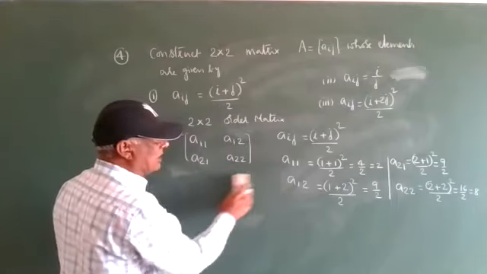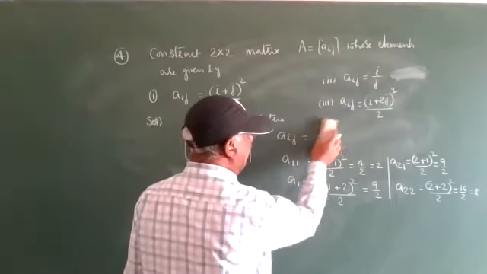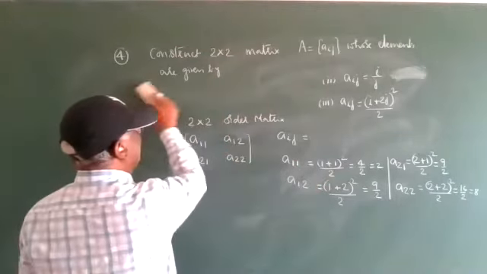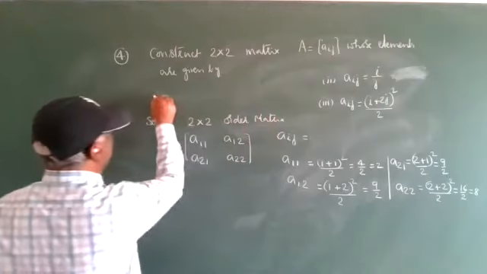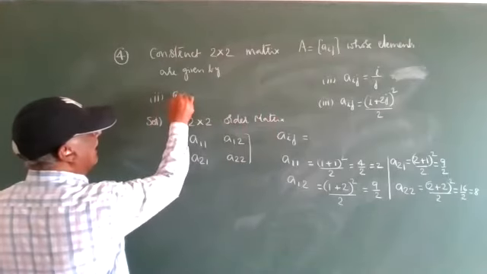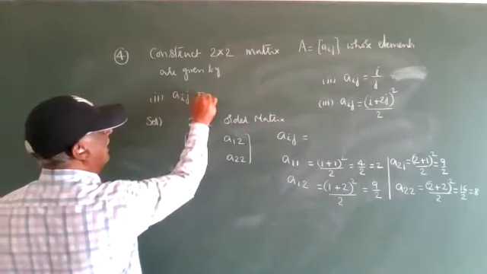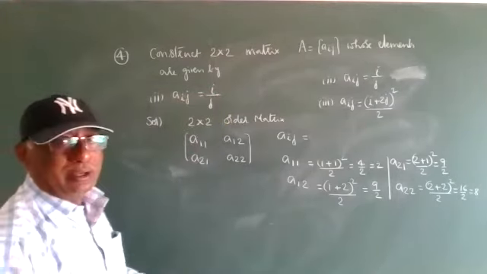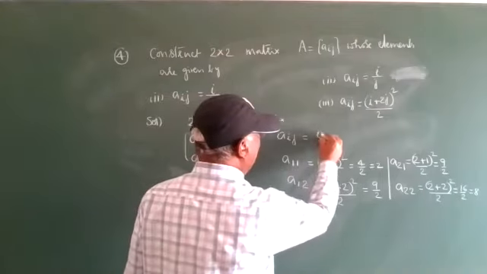The general element Aij is given by i by j. First find out i by j.